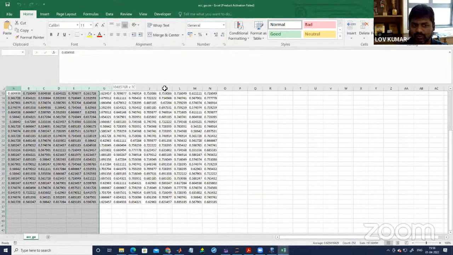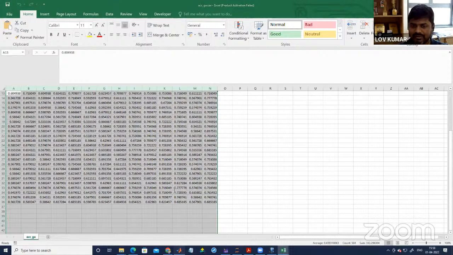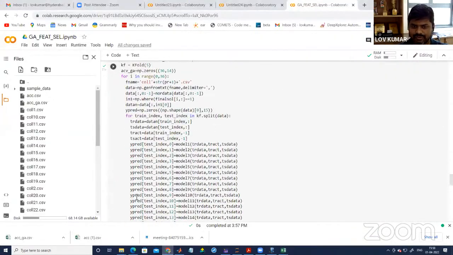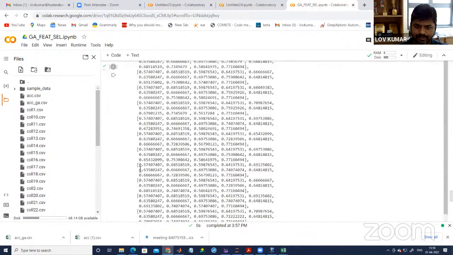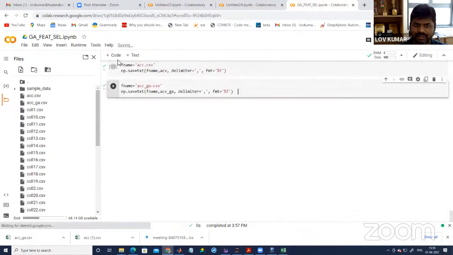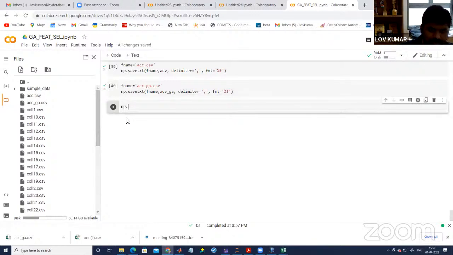If you want to calculate the average accuracy we are getting based on the different techniques, you can also find that here. We are writing NP dot mean, average of ACB.